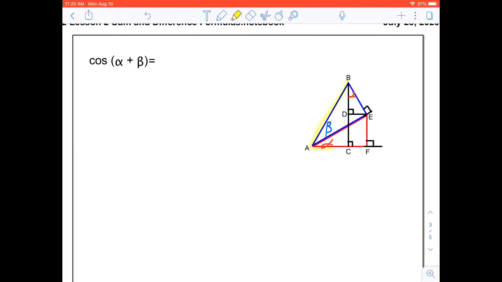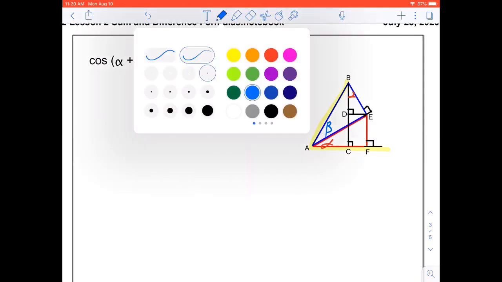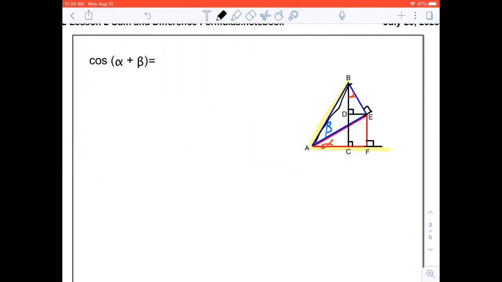So here is the sum. Angle BAF is the sum of alpha plus beta. If I want to find the cosine, again, if I highlight angle BAC and then look at BC, there's a right triangle, and the side adjacent to that would be AC, and the hypotenuse is still AB.